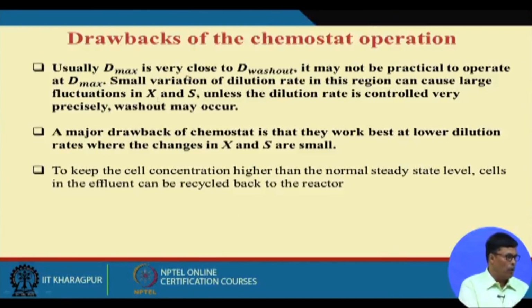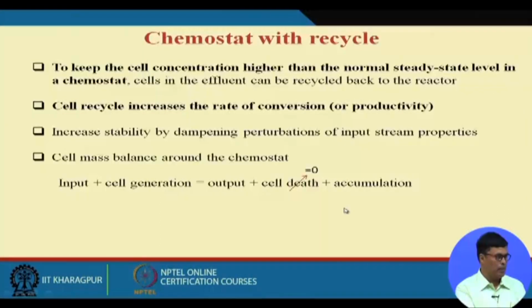The drawback of the chemostat, as I mentioned, is mainly the washout problem, and it can be safeguarded in two ways. Either you recycle the excess cell mass going out of the reactor back to the reactor, or you immobilize the cells on a solid matrix so that no cell washout from the reactor takes place.